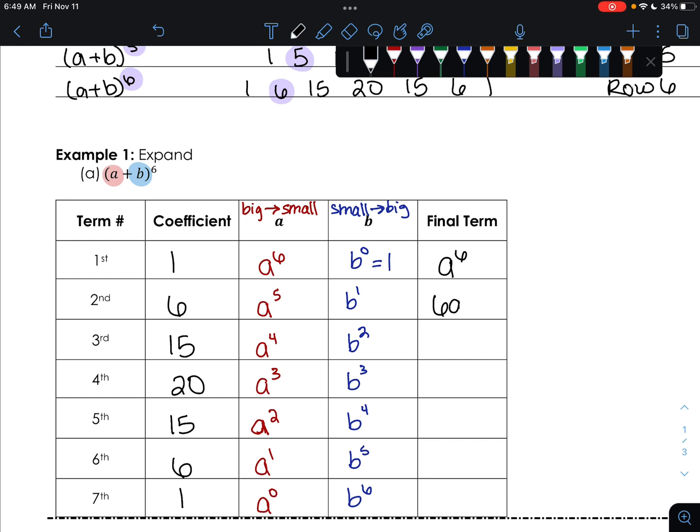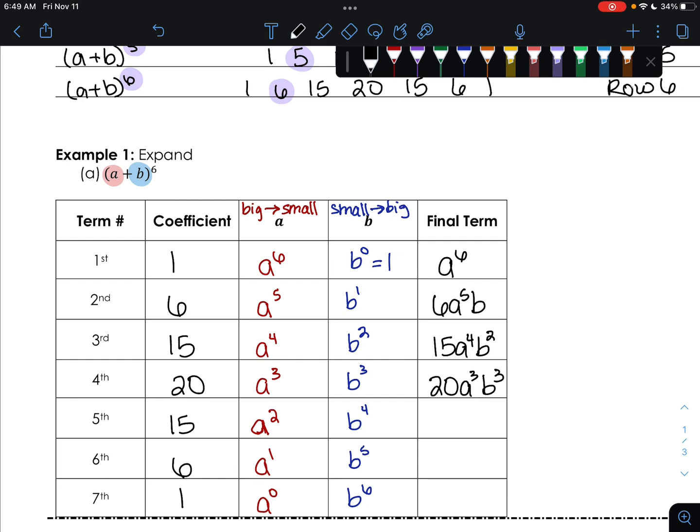That would be 6a to the 5th b. Then I have 15 times a to the 4th times b squared. That would be 15a to the 4th b to the 2nd. Then we have 20 times a cubed times b cubed. So that would be 20a cubed b cubed.